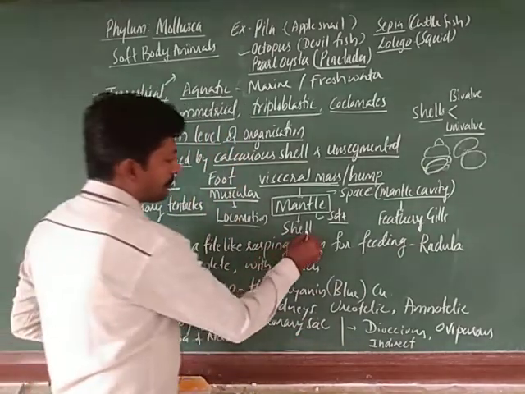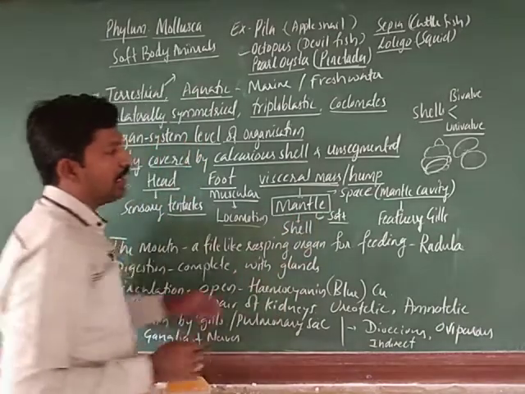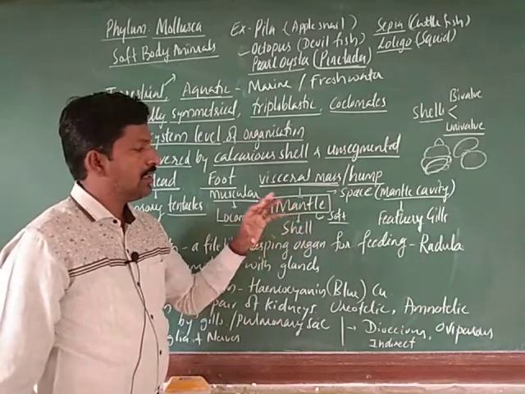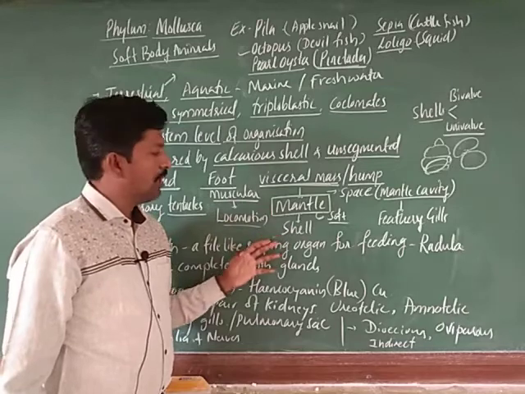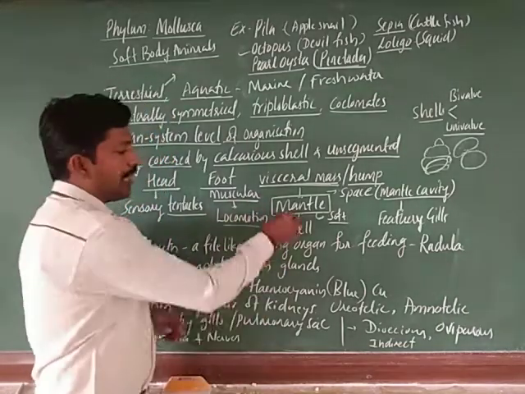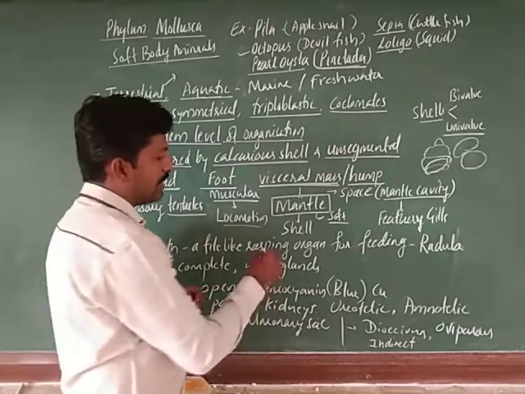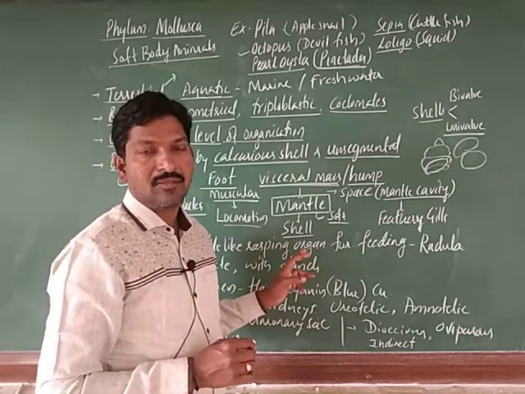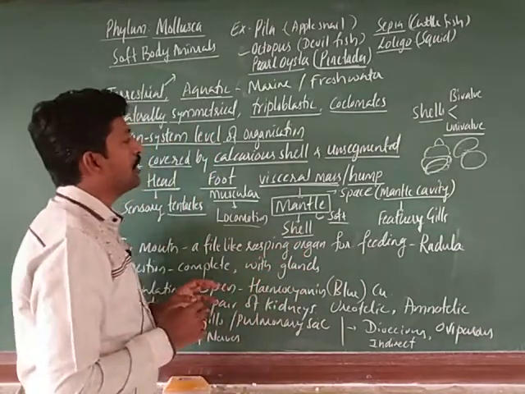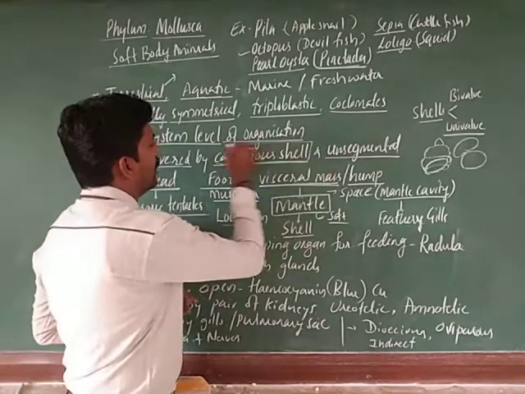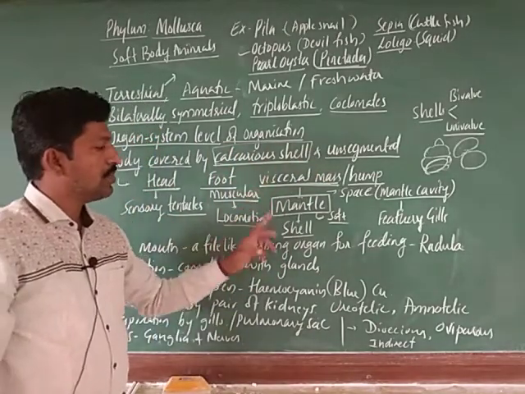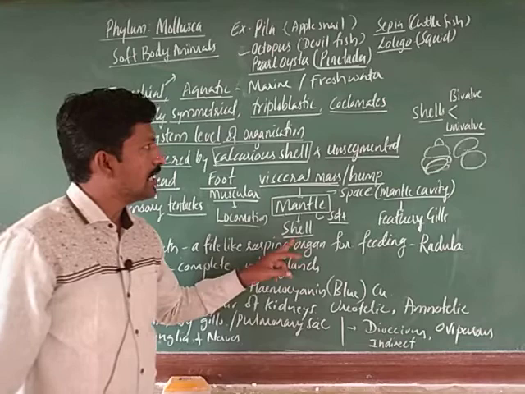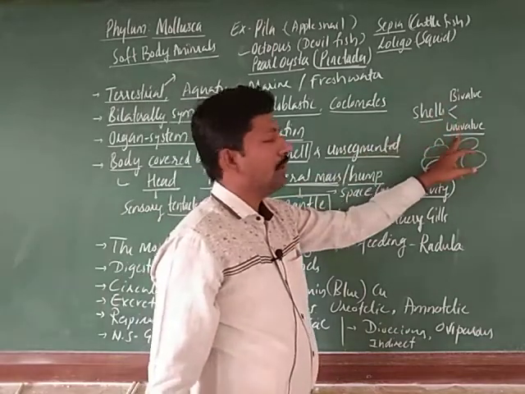The visceral hump secretes the mantle, which forms a soft, spongy layer on the whole animal body. The mantle contains special cells which secrete the shell, made of calcium carbonate, so it is a calcareous shell. The mantle secretes the shell, which may be bivalved or univalved.